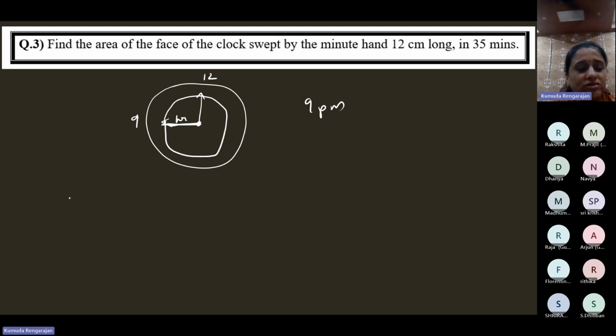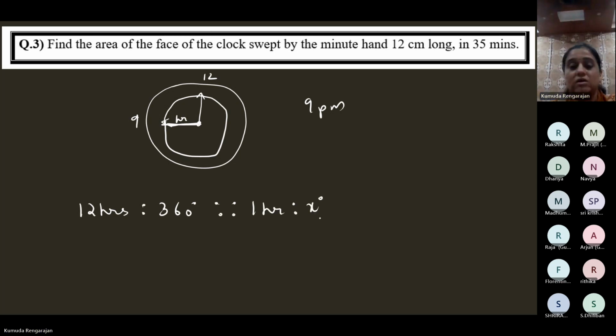The hour hand needs 12 hours to go 360 degrees. Then in 1 hour, how many degrees? This is how to compute for the hour hand.